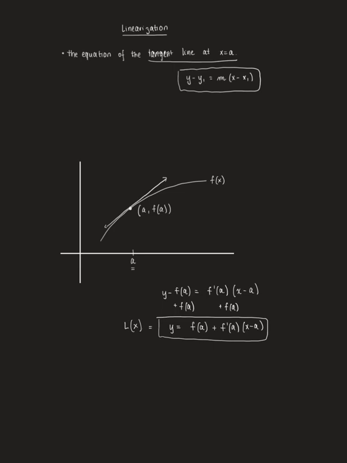Now, I do want to point something out. When we were talking about the PSA announcements in a pet store, after we'd made 12, the cost of making 12 was C of 12. And then to figure out how much it would cost to make the 13th, we added C prime of 12 to C of 12. That's what we did to approximate how much it would cost to make the 13th item.